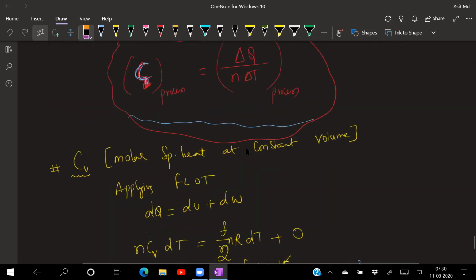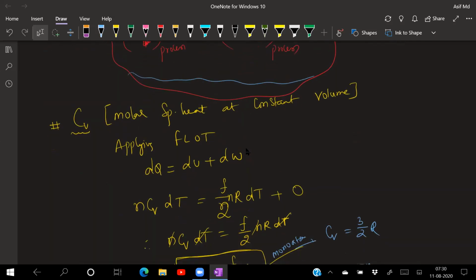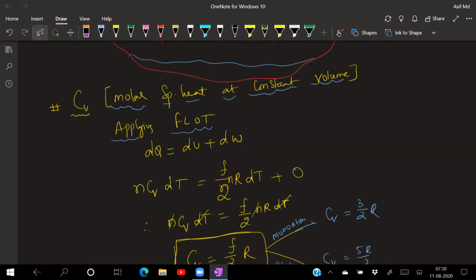Now, Cv. First one is molar specific heat at constant volume. Applying the first law of thermodynamics, dQ is equal to dU plus dW. dQ value is n into Cv into dT, because it is at a constant volume.